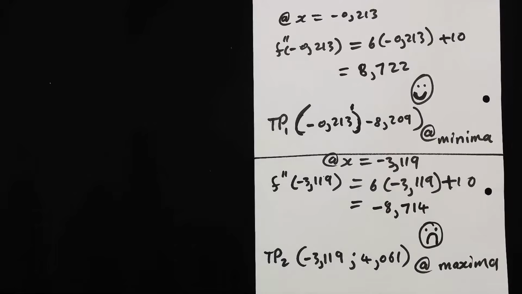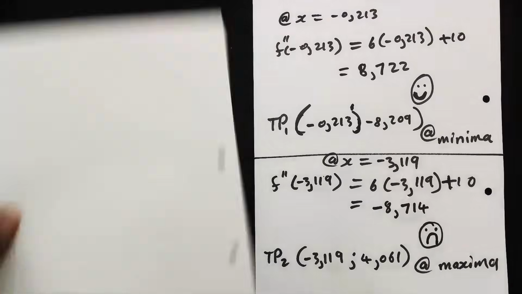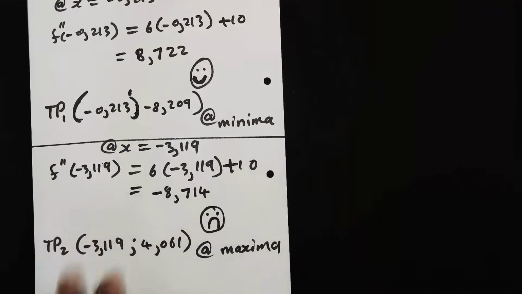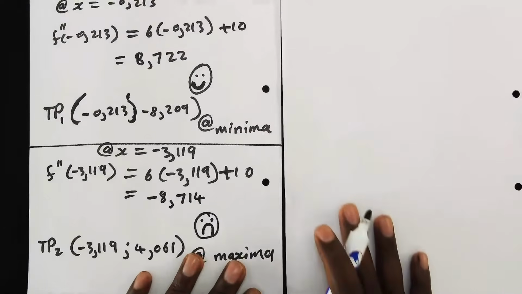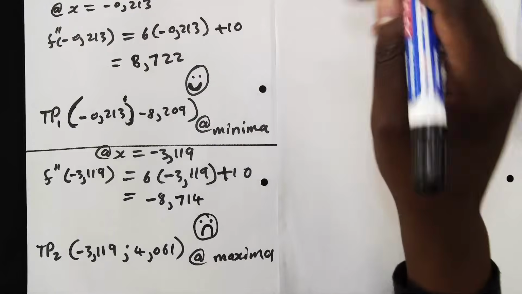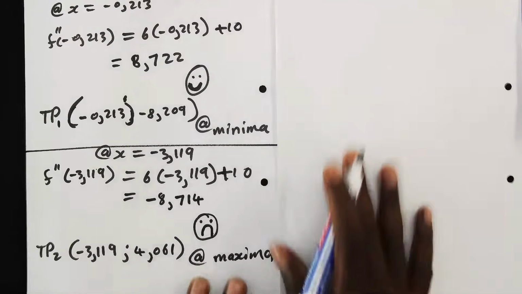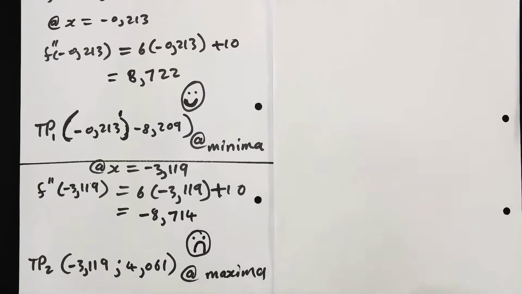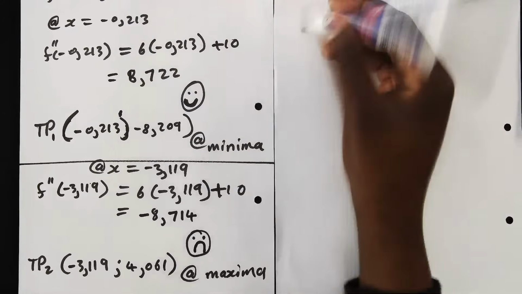Someone reminds me, as much as we have calculated the maximum or minimum, the statement said we must even calculate the point of inflection. So to calculate the point of inflection, we derive the equation twice, and we're done deriving twice.